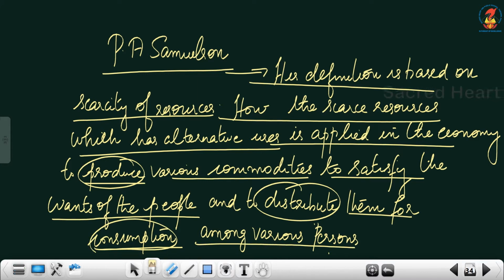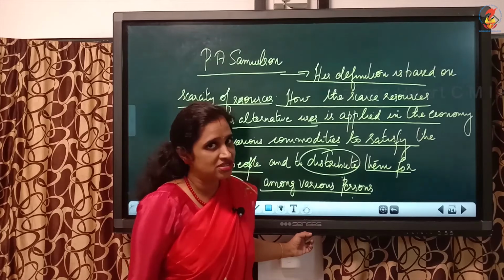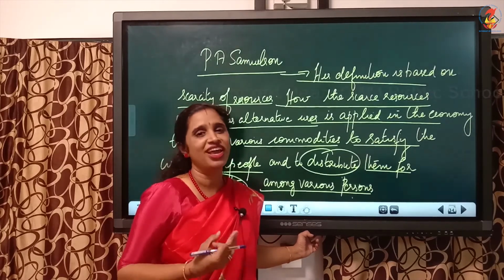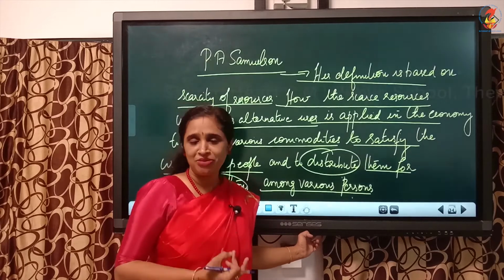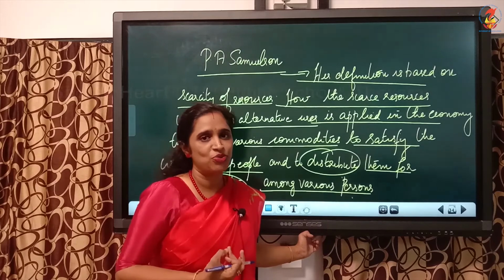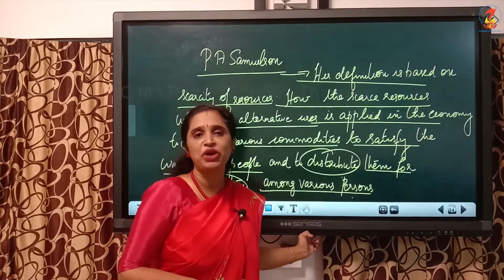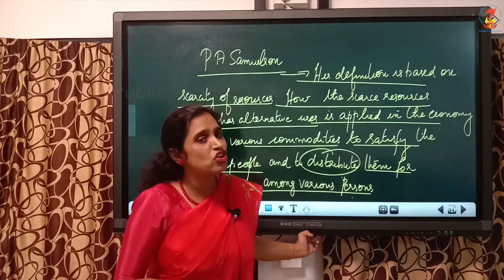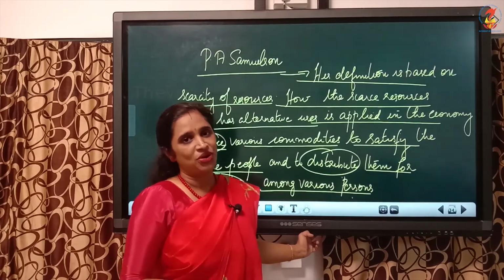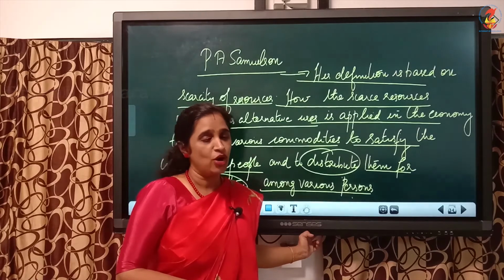So here I have circled three important words. Which are they? Production, consumption and distribution. You are very familiar with these three words because we already learned in chapter 1 of microeconomics regarding production in the economy, distribution of produced goods in the economy, as well as consumption of the people in the economy.